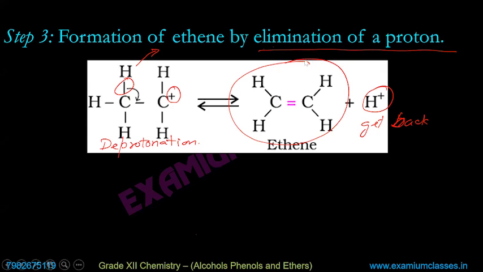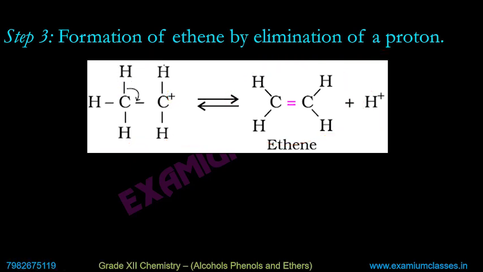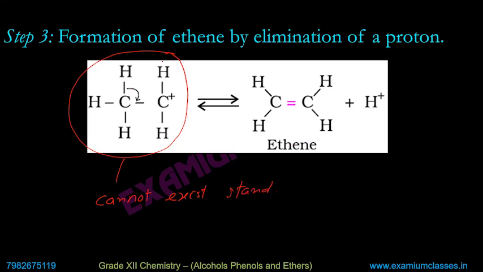The third step is this carbocation itself. Okay. Carbocation or carbanion do not have free existence, cannot exist standalone. They cannot exist. Okay. So they need to be converted to some stable molecule. For that, what happens? This positive charge is neutralized by the electrons which move from here to here.